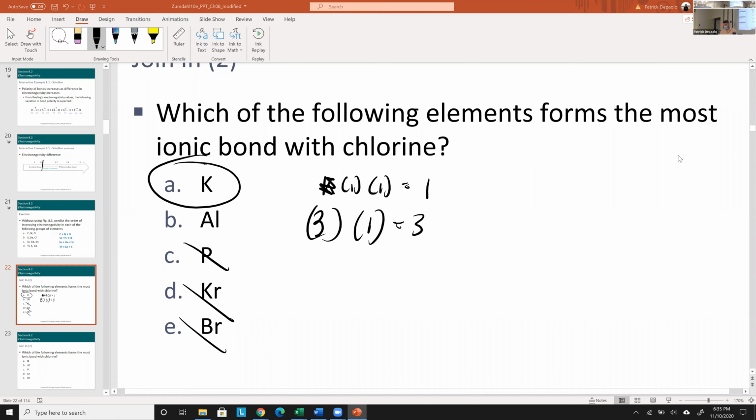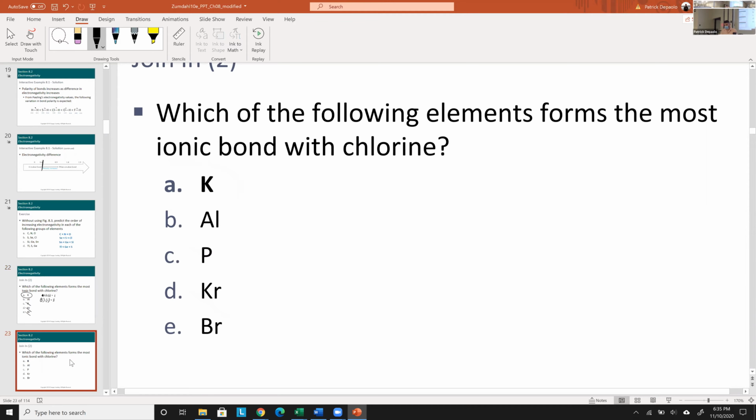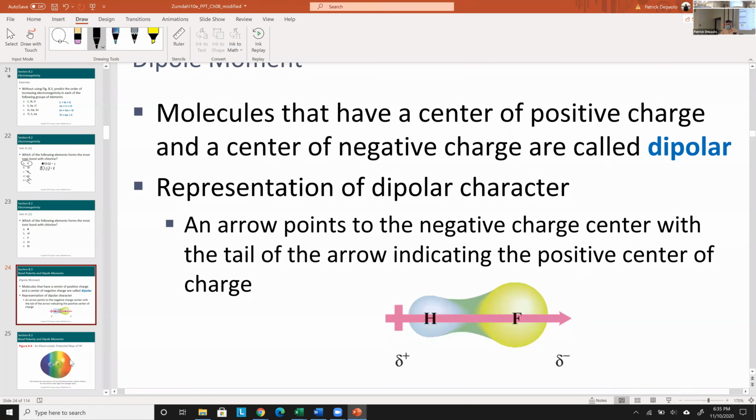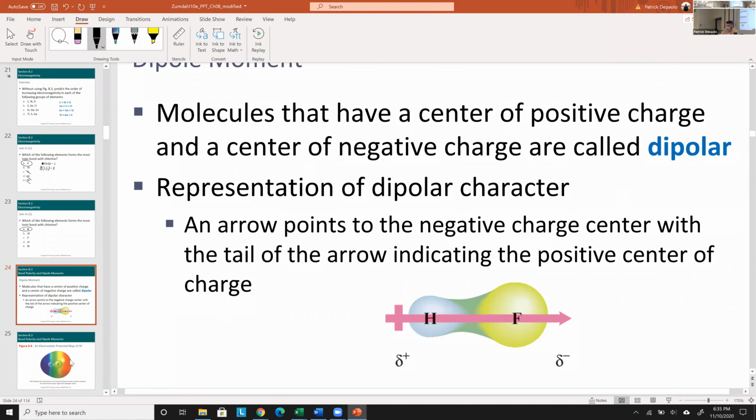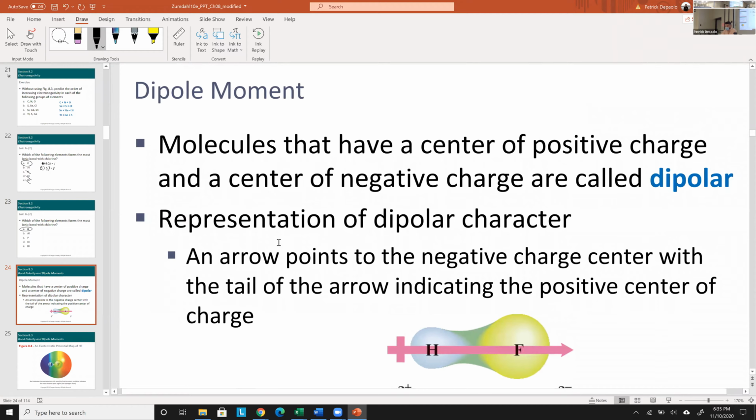Okay, good. All right. Nice. Yes, K corresponded to the most difference in electronegativity, not the strongest. The strongest would be Al.